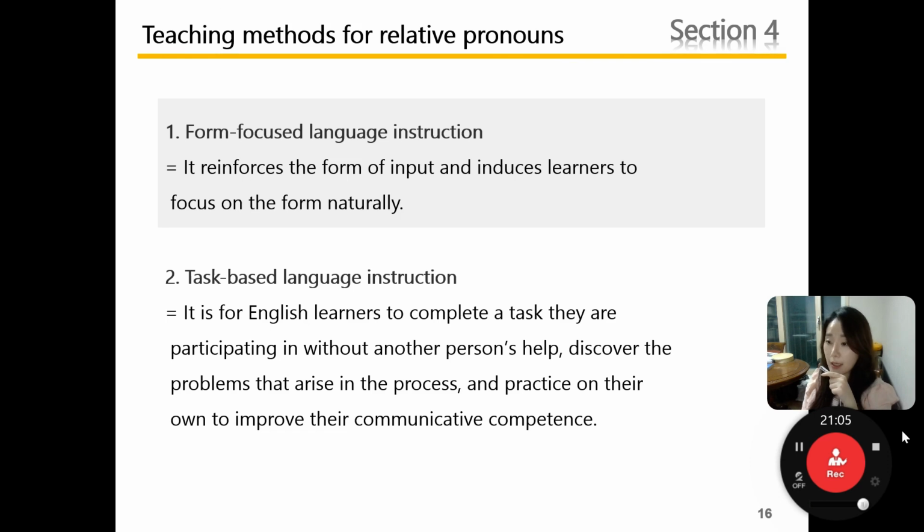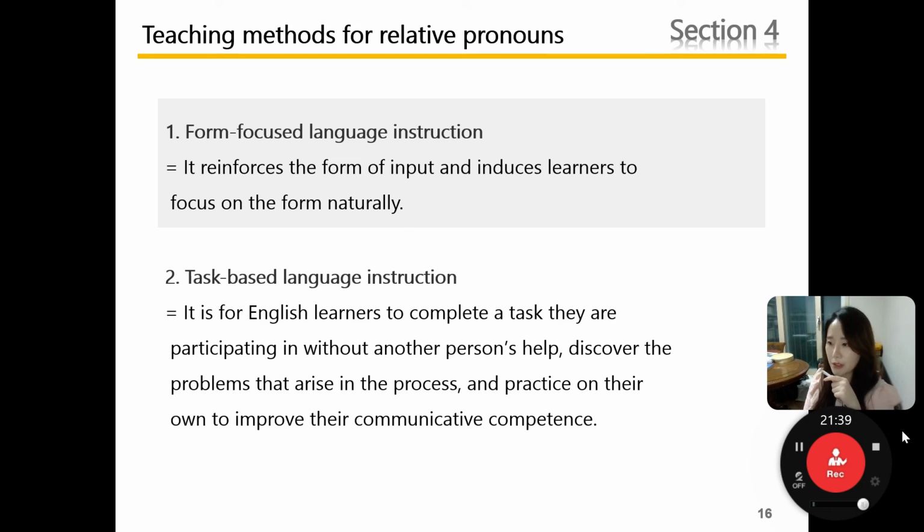The second method presented is task-based language teaching, in which learners participate in pair or group activities and communicate in the target language to accomplish a given task, while realizing how useful the activity is in improving their language proficiency. Besides, these two methods suggest teaching through games and teaching through audio-visual media and the internet.